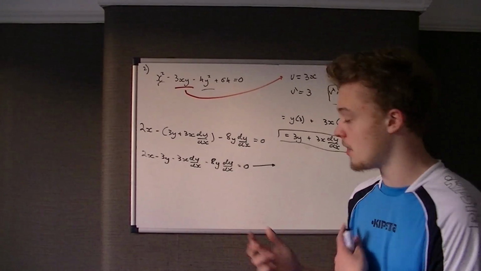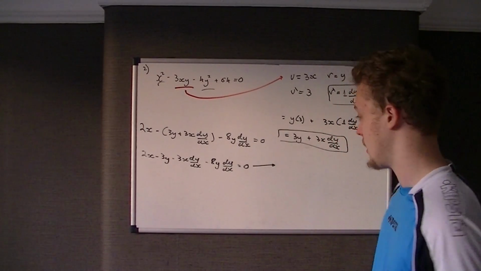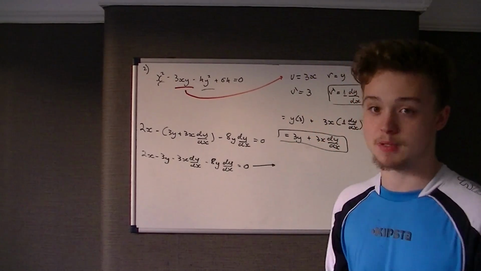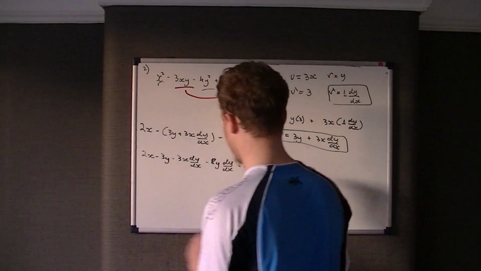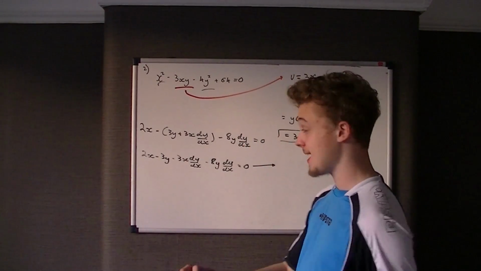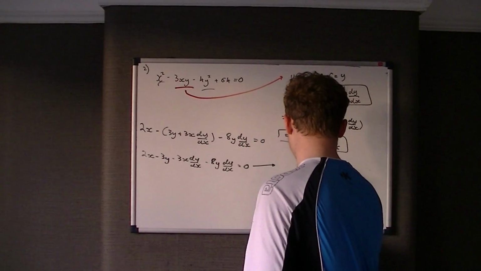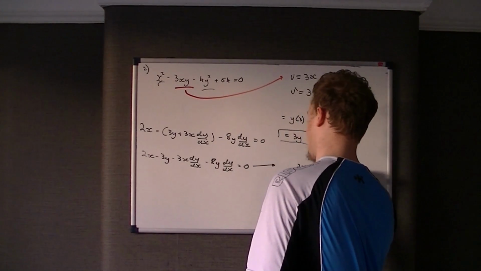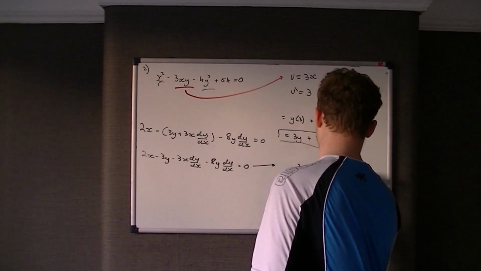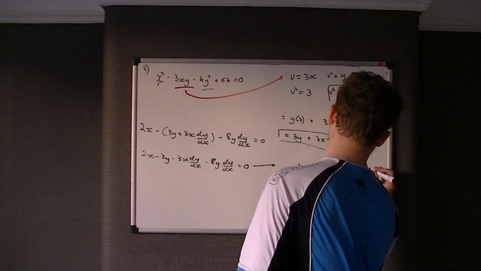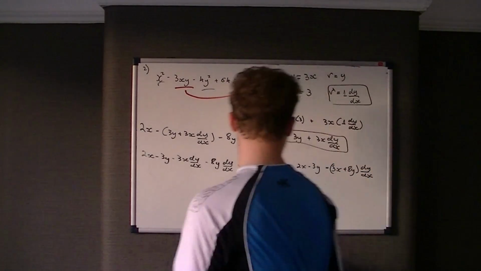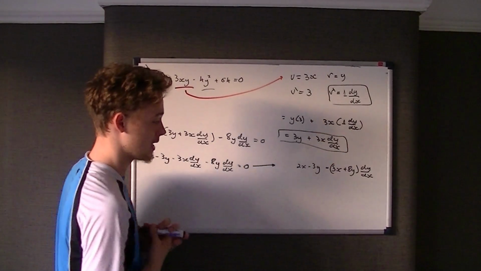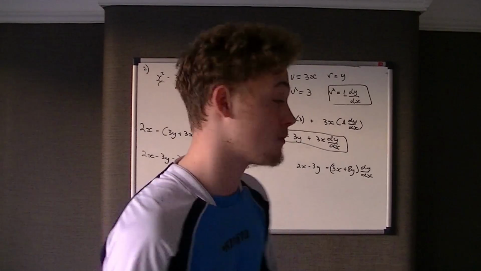Now, that'll look a bit complicated, because it's likely to get some minus errors in there, so what we always do is try and keep the dy/dx positive if possible. So in this case, we move the dy/dx onto the right hand side, so we're left with 2x take 3y is equal to 3x plus 8y, and because we're taking out dy/dx as a common factor, we times it all by dy/dx. So what it says now is 2x take 3y is equal to 3x plus 8y times dy/dx.